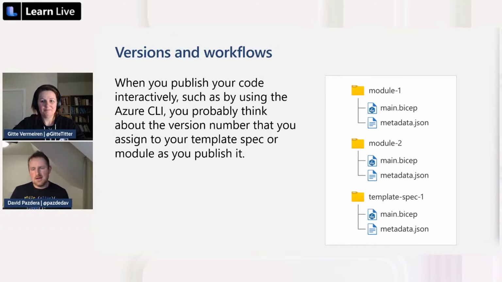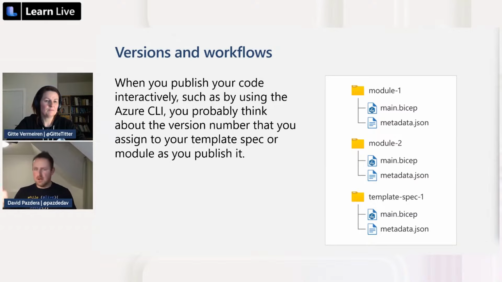But the idea here is that we really wanted to make sure that when the pipeline runs, it only publishes changed files, and then instead of somehow figuring out if that given pipeline run will have an influence on the actual version that you want to publish, we came up with the idea of adding a metadata JSON, a very simple JSON file with a structure like major, minor, revision. So once you make a change in, let's say, module 1, in the Bicep file, you change the metadata JSON accordingly.